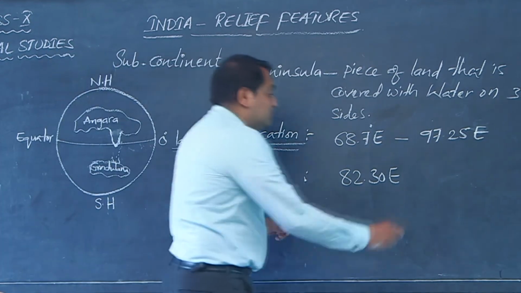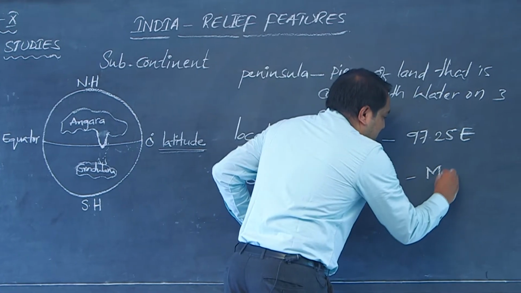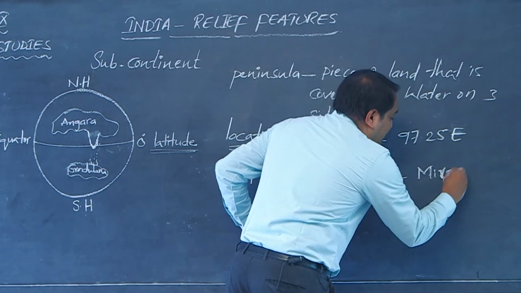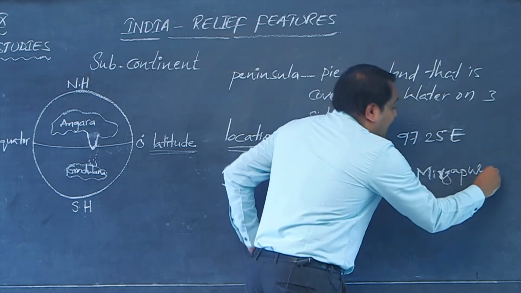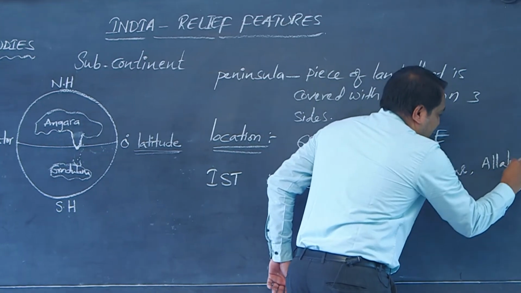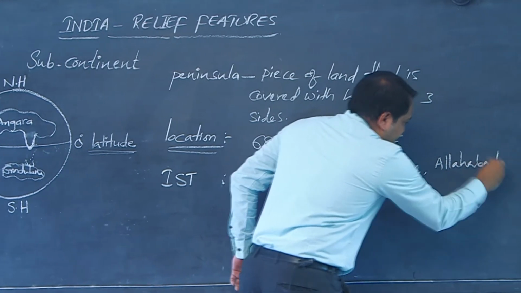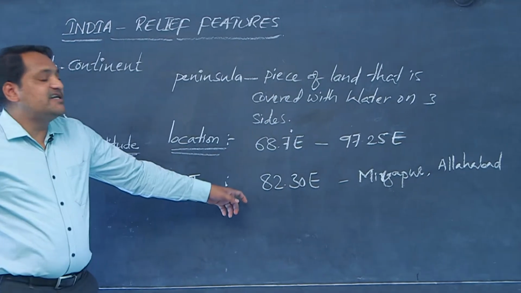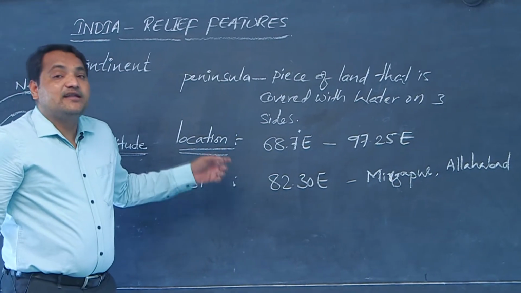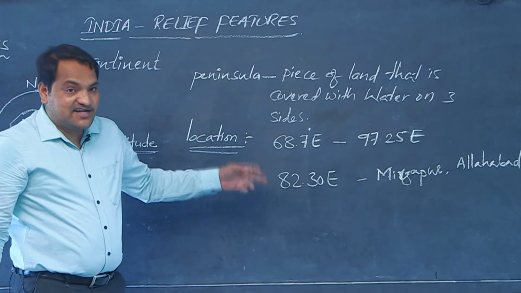This longitude passes through Mirzapur, which is close to Allahabad in Uttar Pradesh. This is considered the Indian Standard Meridian or Indian Standard Time.